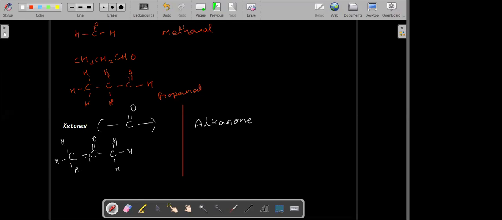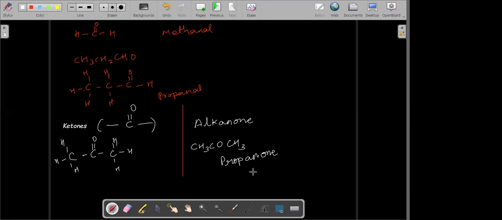Now check the formula. It is CH3COCH3, and the name of this is, there are 3 carbon atoms in the parent chain, so its parent name has to be prop, and there are all single bonds, so it's propane. You remove the terminal e and write its name as propanone. Correct.